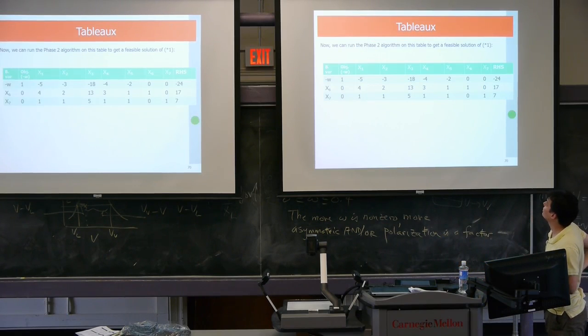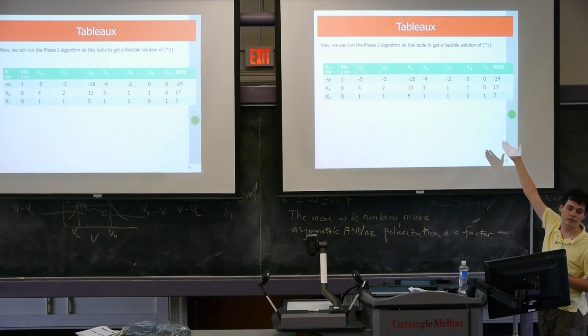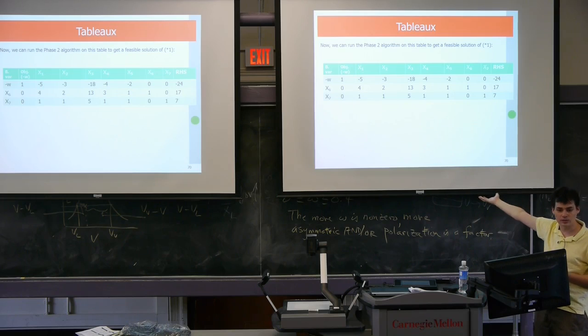And then you can run the phase 2 algorithm that we just discussed to minimize this. If the minimum of this is 0, then we got a feasible solution, and then from that feasible solution you can run phase 2 again and solve the original problem.